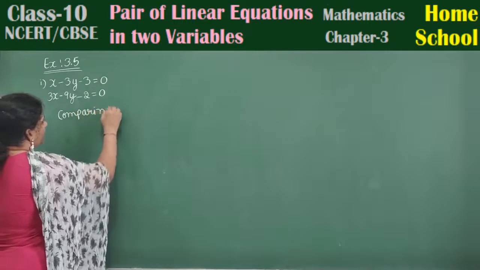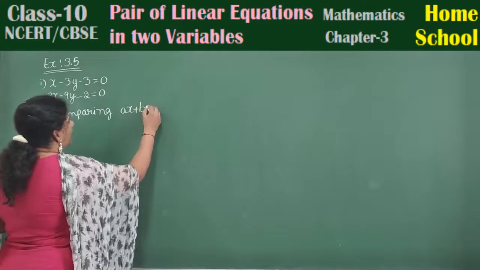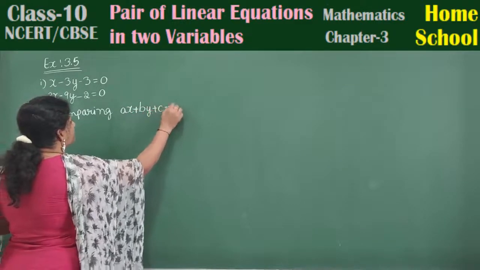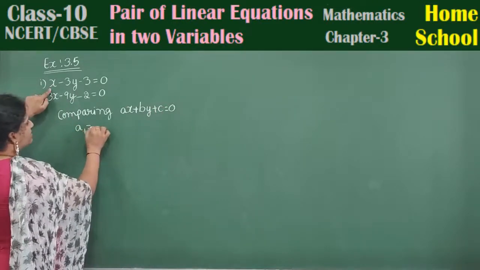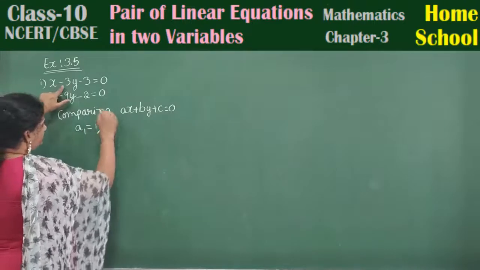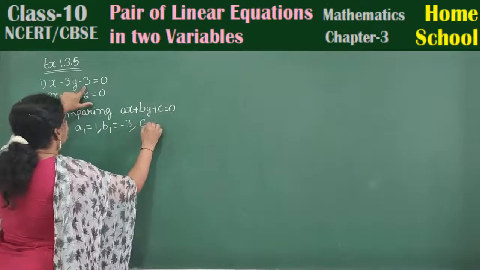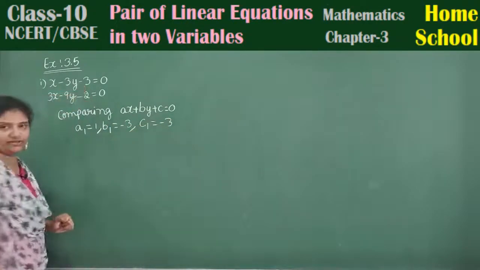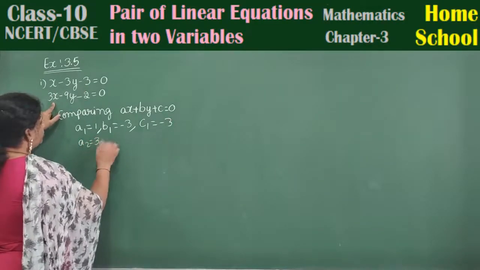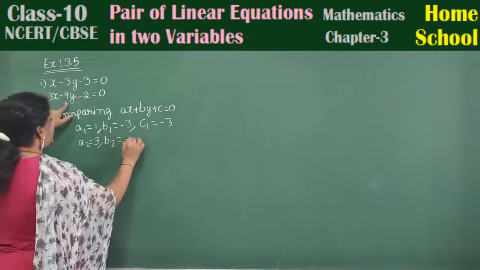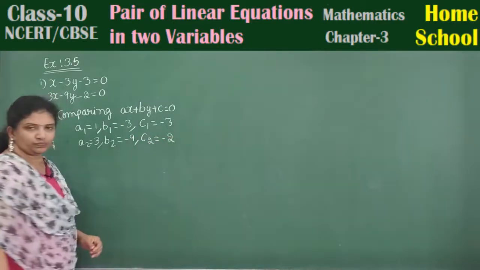Comparing with the standard form of the linear equation in two variables, ax plus by plus c equal to 0, that is, first equation a1 is equal to 1, b1 is equal to minus 3, and c1 is also equal to minus 3. Next equation, a2 equal to 3, b2 equal to minus 9, c2 equal to minus 2.